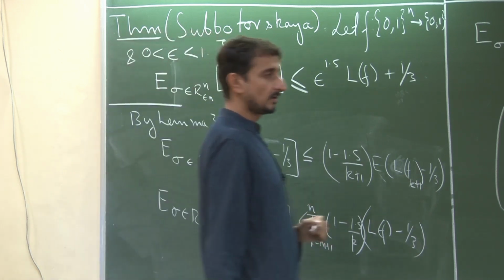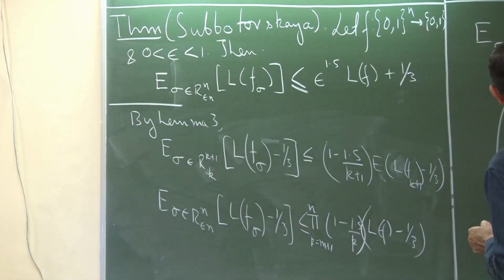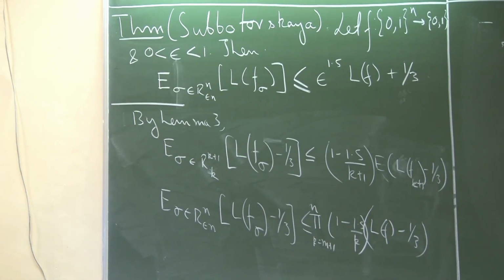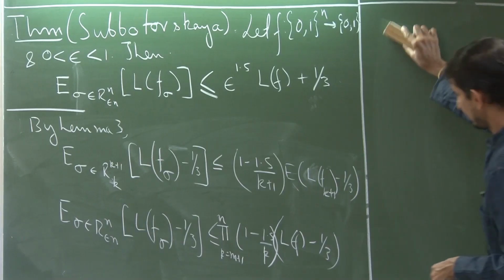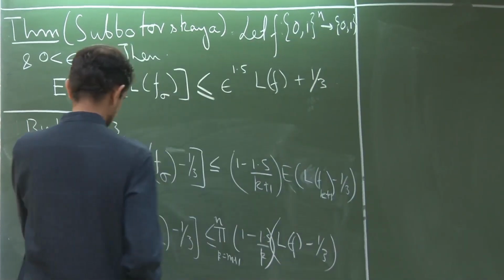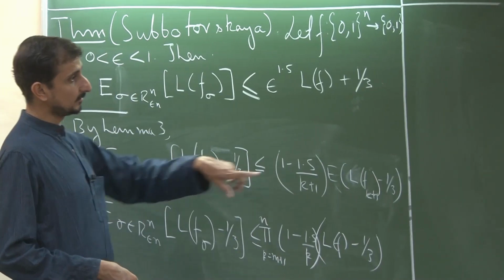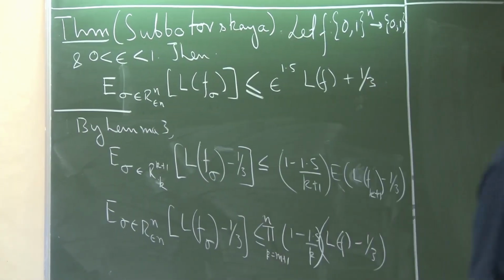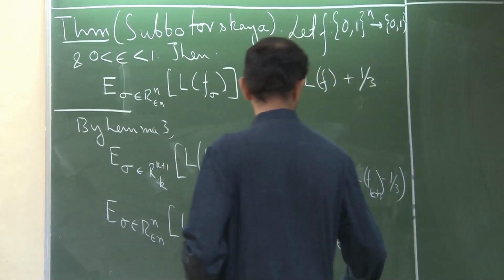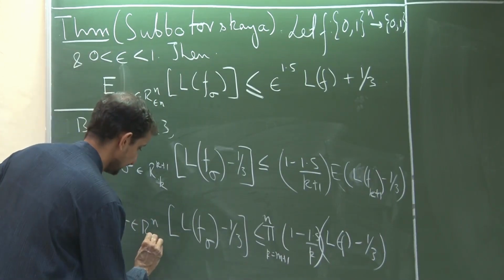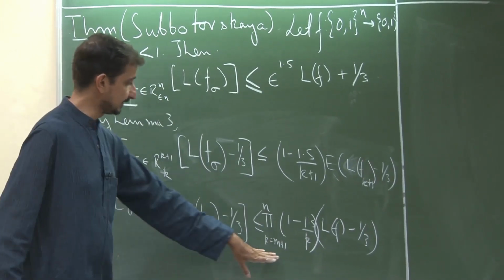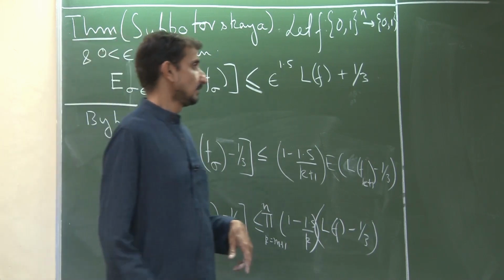Now, what does this evaluate to? It is easy to see that m is nothing but epsilon n. So instead of epsilon n, let me just use m over here, because I am using m as well.